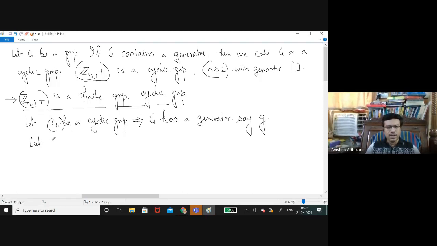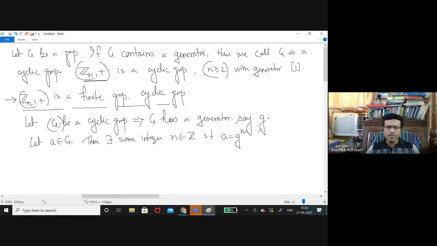Now I consider, let a belong to G. Then by definition, a can be expressed in terms of g. How? Then there must exist some integer n belonging to Z such that a must be of the form g to the power n.